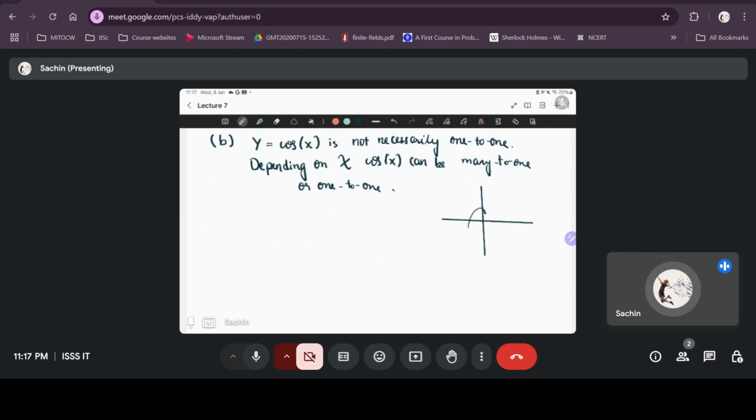So the graph of y is equal to cos x would be something like this. It's periodic.